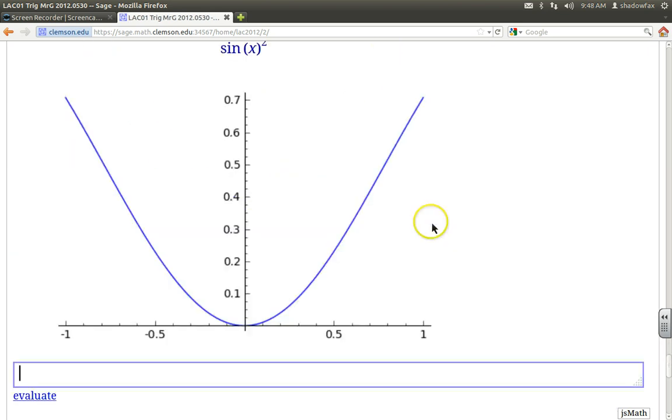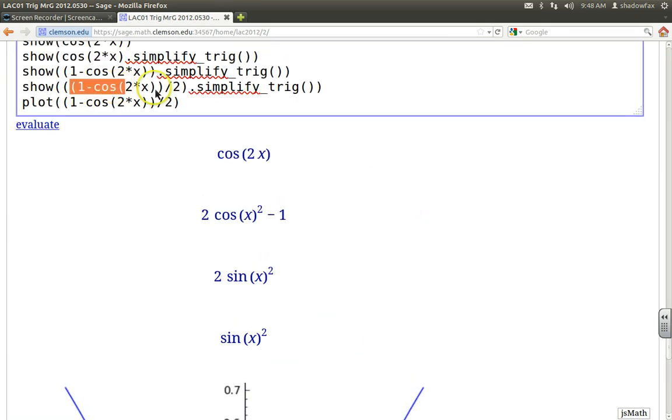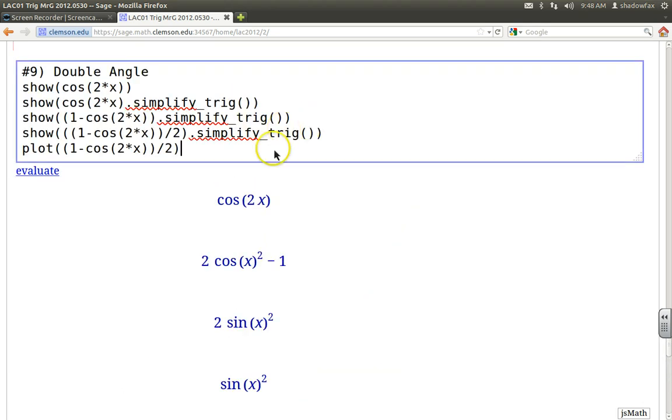Is that sine squared? All I did was graph this thing in here, right here. I put it in a plot. All right, so I get, is that sine squared? Well, let's see. Let's graph sine squared.